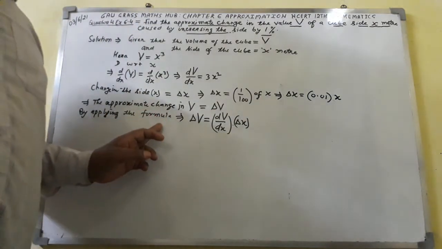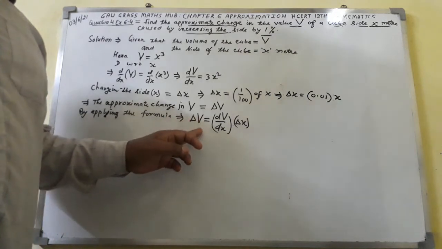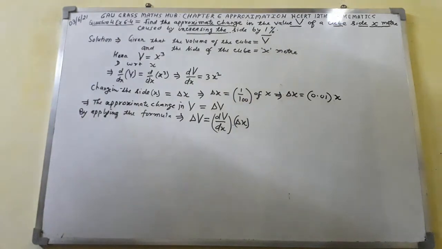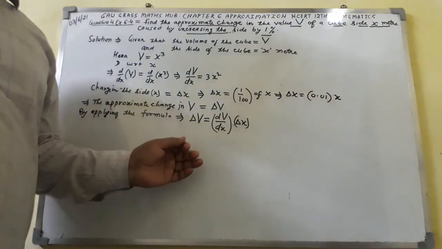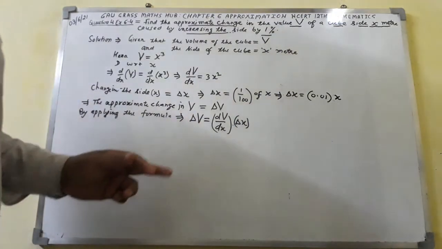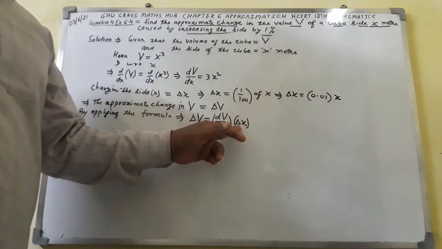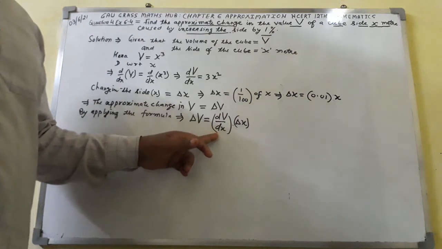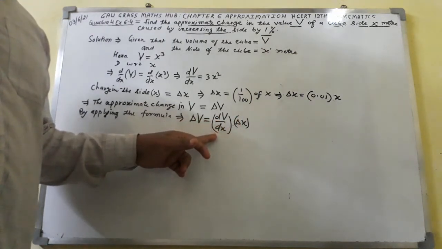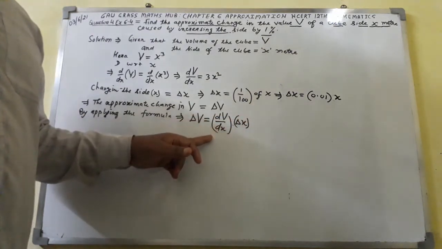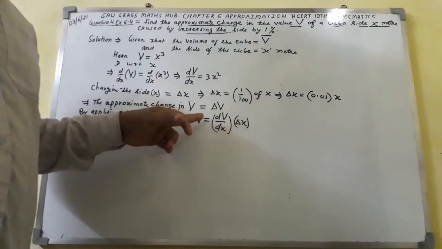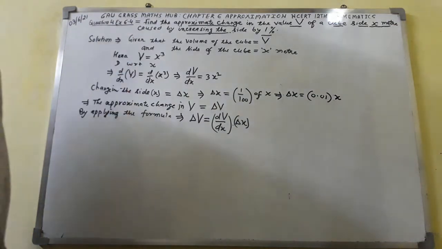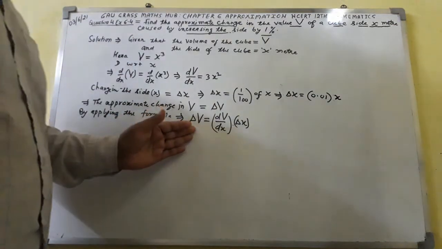Just analyze this formula. Here in the numerator delta x is available, and in the denominator dx is available. Delta x and dx will cancel out, and we get dV equal to delta V. The formula is tallied here.